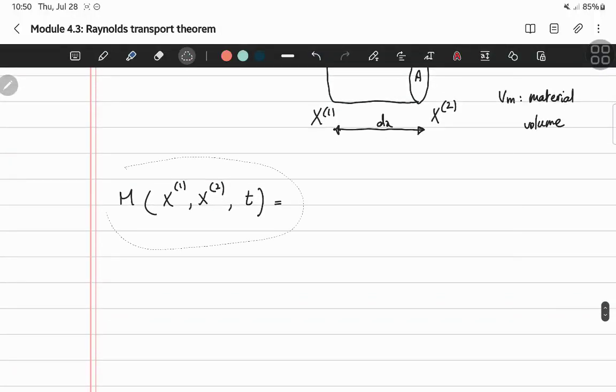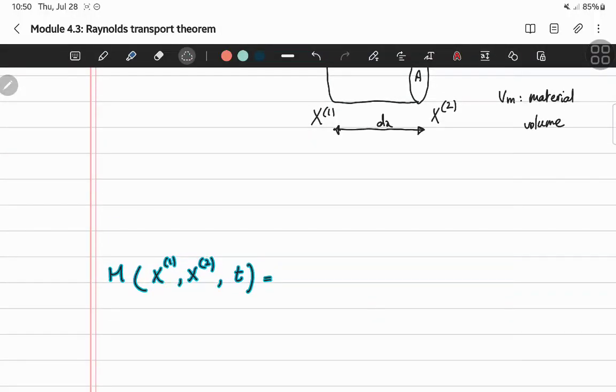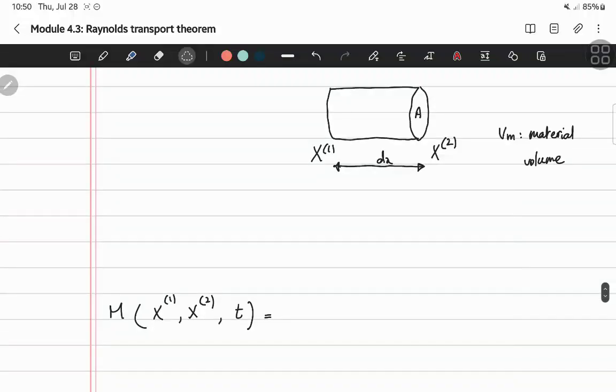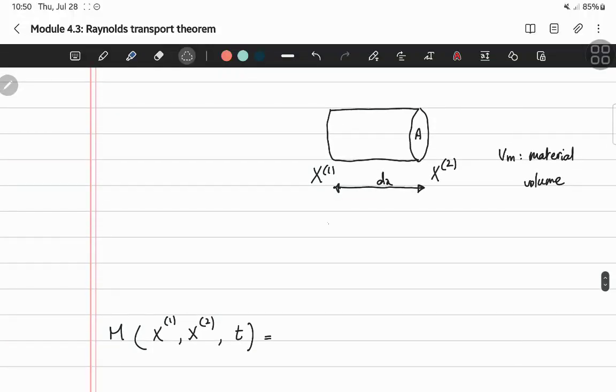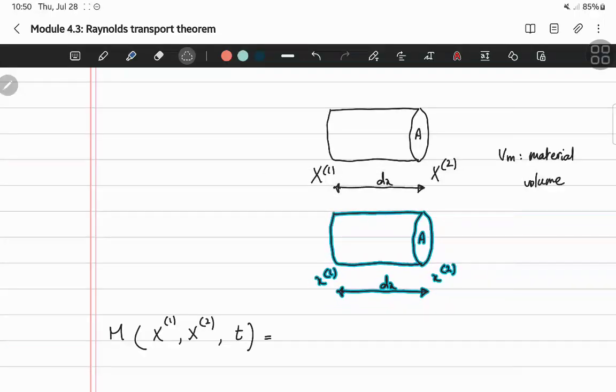Let me just take this a bit down. Great. So next, let's say that this is VC, then we will have this dashed one as VM.